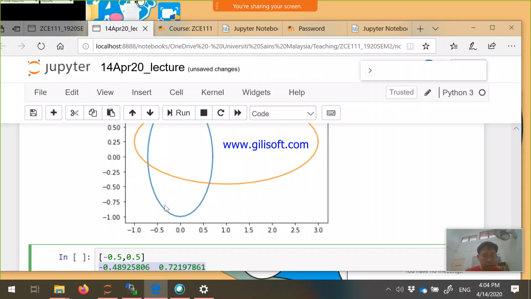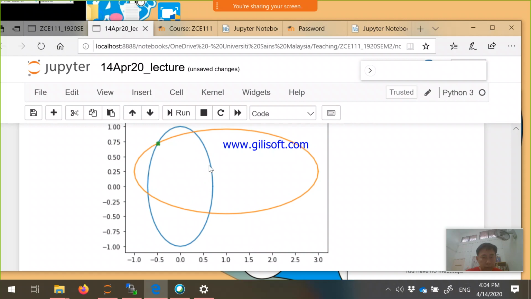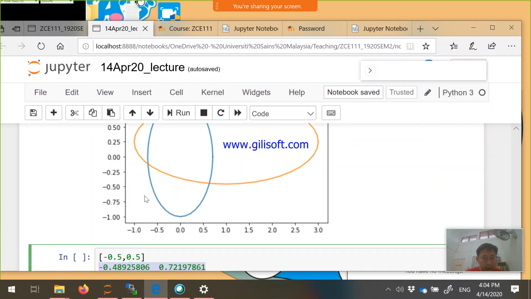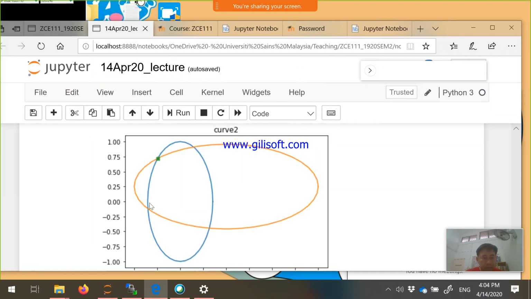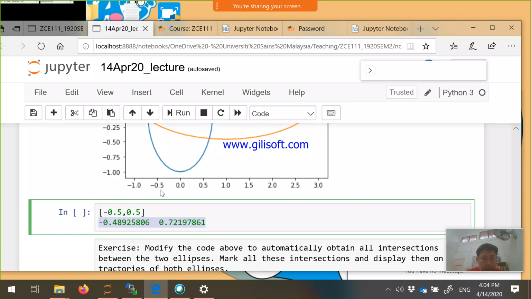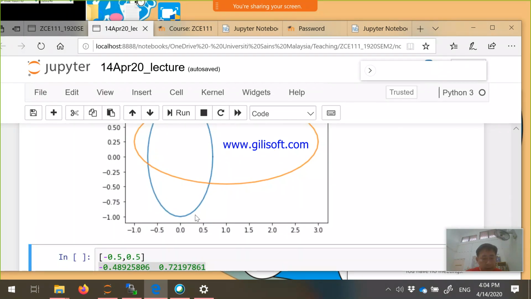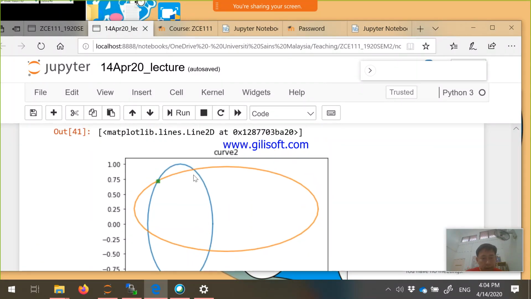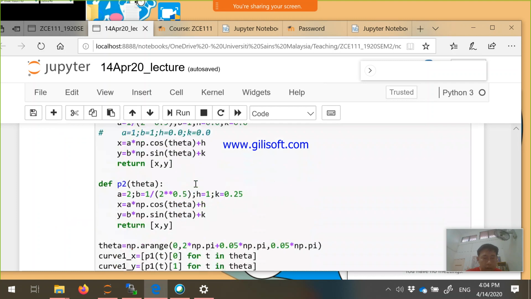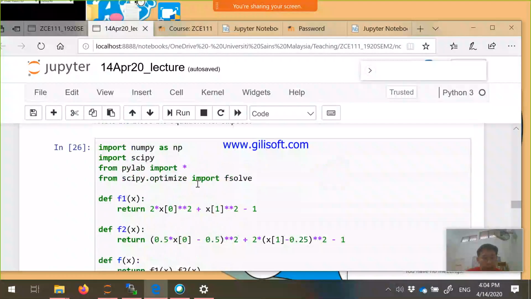So what point does this refer to? I think this refers to minus 0.48 and 0.72. Okay, oh no, I think I looked at the wrong answer again.